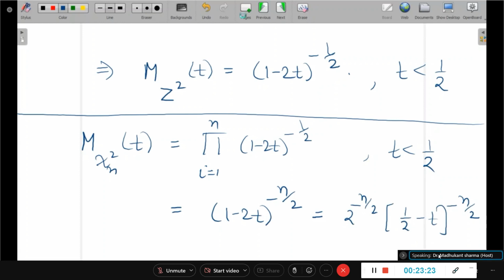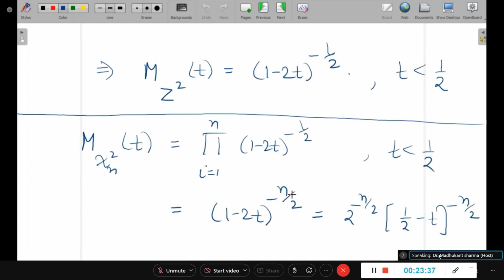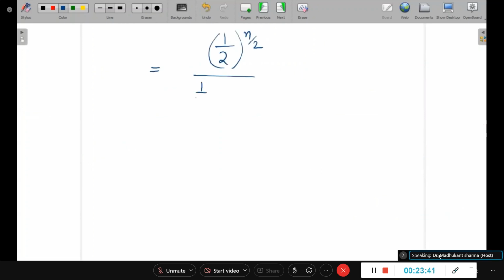Now, further, this is equal to 2 to the power minus n by 2, I can write 1 upon 2 to the power n by 2. Okay. And the other one is 1 by 2 minus t to the power minus n by 2. So I can take it in the denominator, 1 by 2 minus t to the power n by 2. And t is less than 1 by 2. Now, are you able to identify it?